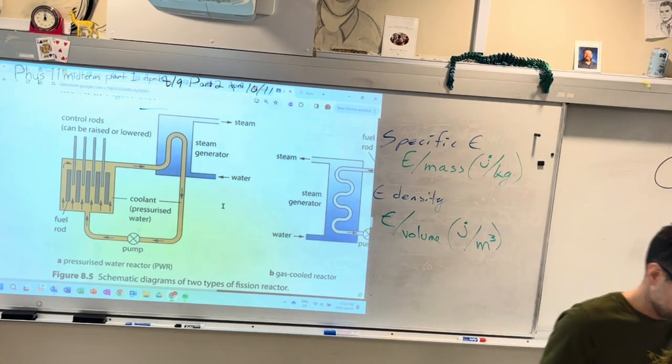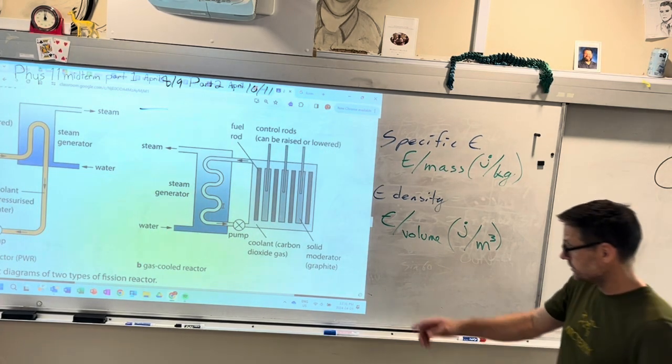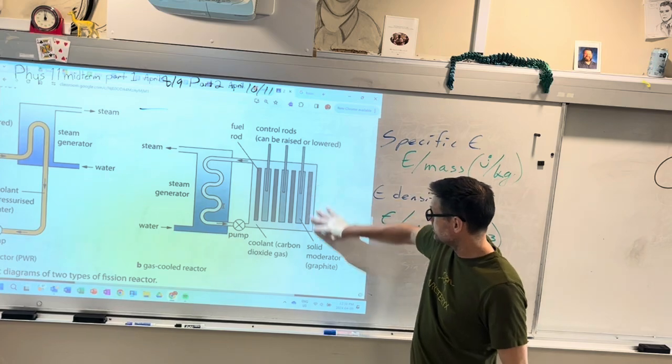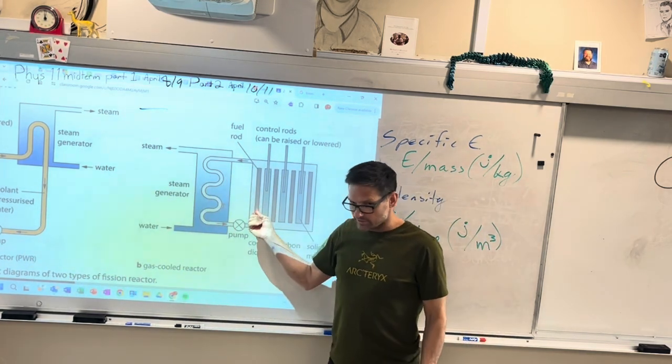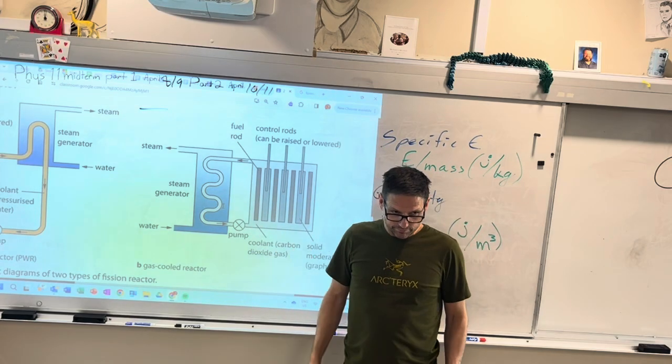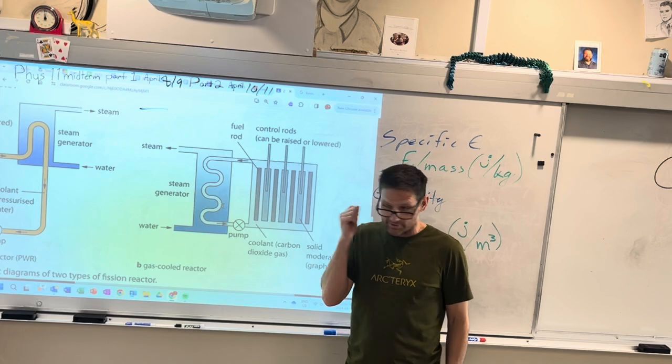Yes, and this is just a little bit of a different design, and it's got a solid moderator, graphite. This one has water, but these designs are old. The designs that are coming out now, by the way, Canada is a world leader in designing these.